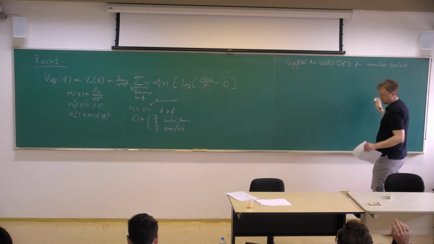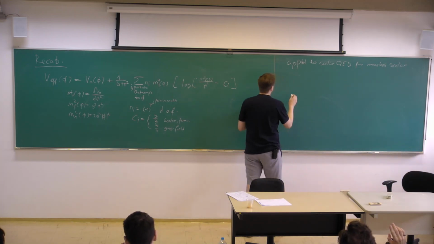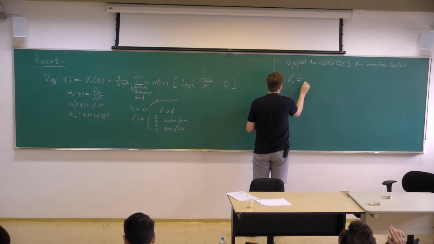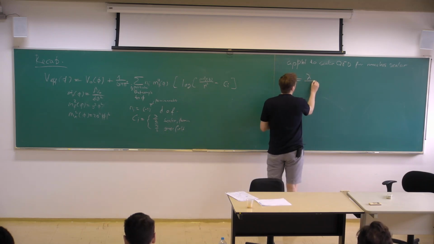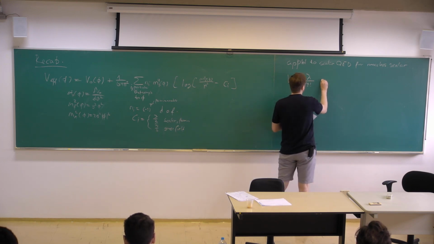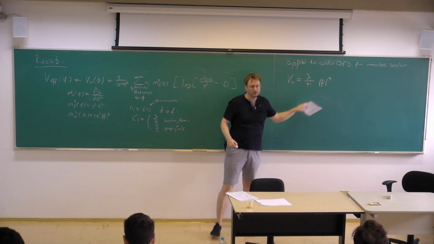And this goes under the name of the Coleman-Weinberg model. And then we saw that if you have a tree-level potential, it's a massless scalar, so we only have the phi-4 potential, and it couples to one gauge field, so it has to be complex.